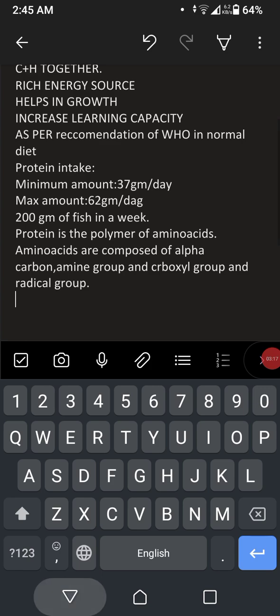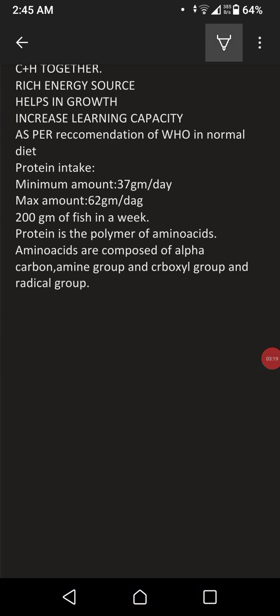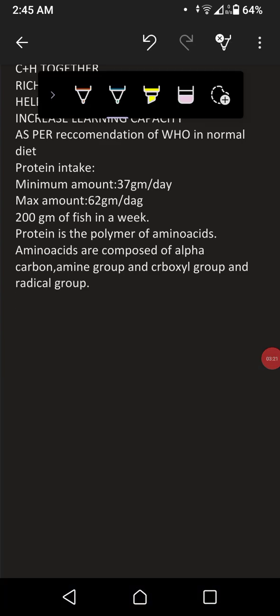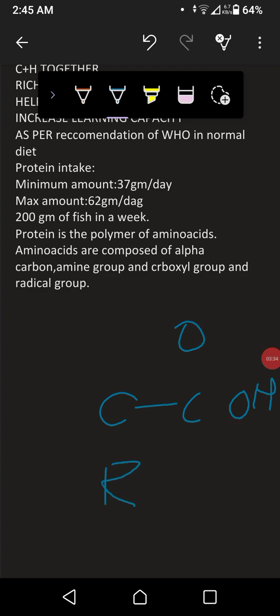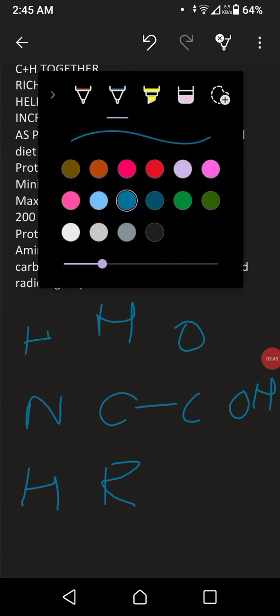Okay, let me just draw the structure to remind you guys. For example, this is the alpha carbon, this is the carboxyl group, this is the radical group, and this one is the amine group.